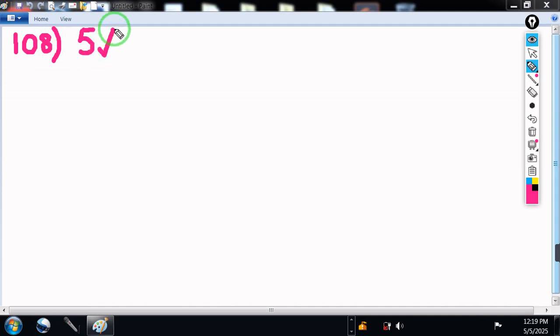Not fifth root, make it very clear in your minds. And it's 125. Okay, root of 125. Let's get cracking. We have a lot of work to do.